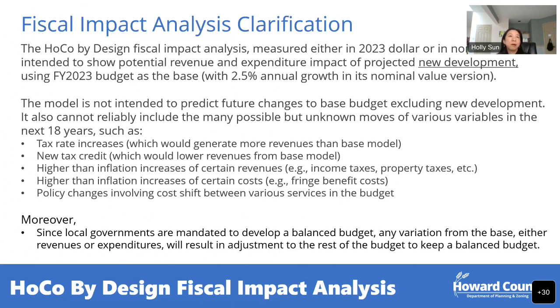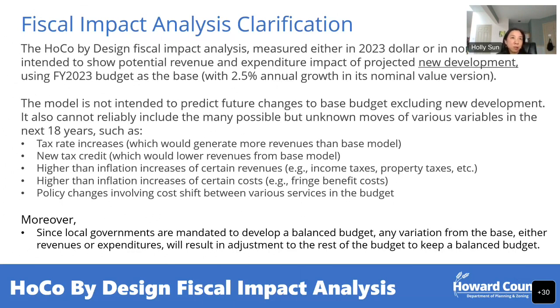If it's talking about the revenue and expenditure itself, they may not stick to the 2.5%, which could be, some years are higher, some years are lower, even not counting the new development. The revenue and expenditure also have to balance. So if the expenditure is higher than 2.5% and the elected officials agree to do that, what happens is if the revenue doesn't go there, then you have to change the tax rate.